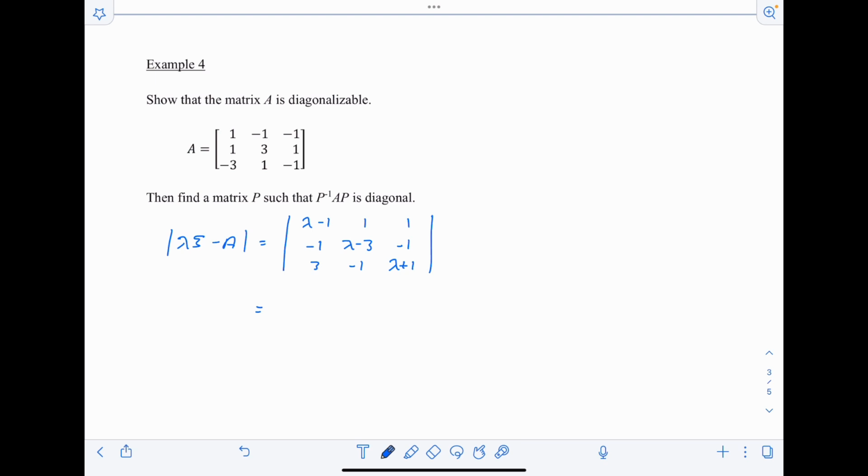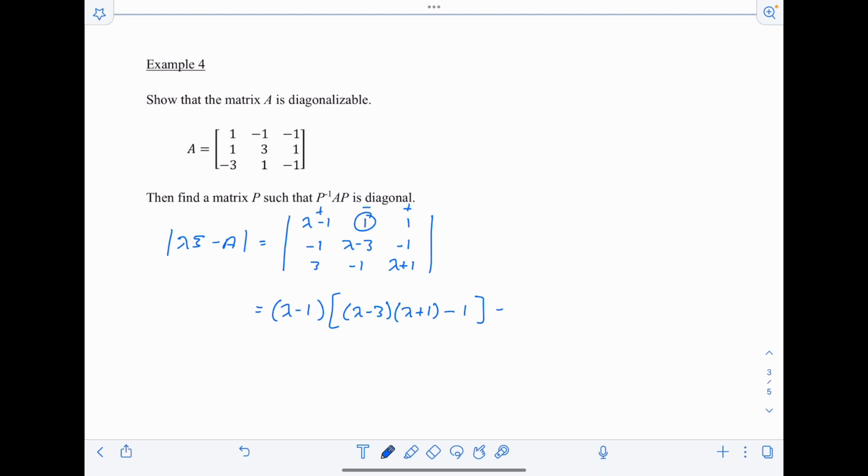So this one's going to take a bit of work. I'm just going to start in the upper left corner with lambda minus 1, times the determinant of the lower part right here, which is lambda minus 3 times lambda plus 1, minus 1. And I'm going to go across the first row. Remember you have to do the plus, minus, plus thing when you're doing determinants.